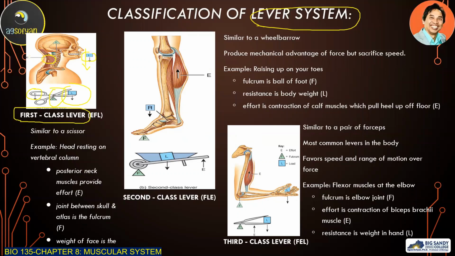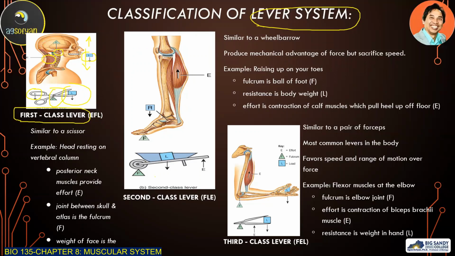When this neck muscle contracts, it lifts the face up. This is what happens with us every day. We keep our face up because of the contraction or effort coming from these muscles in our neck. The fulcrum, or the joint, is located here between the second vertebra, called the axis, and the skull. So this is the EFL, the first class lever.